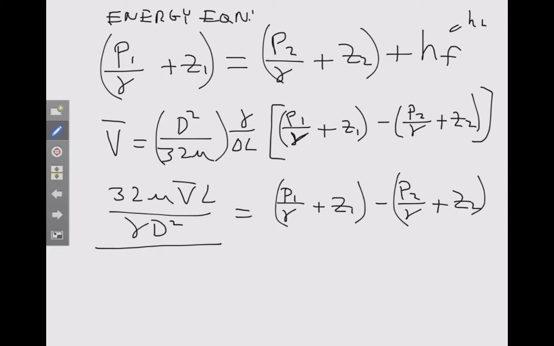All right, so basically we could move this over to the other side and we would have this same equation with this quantity being equal to HF. So we're going to go ahead and write that out and derive an equation for this.